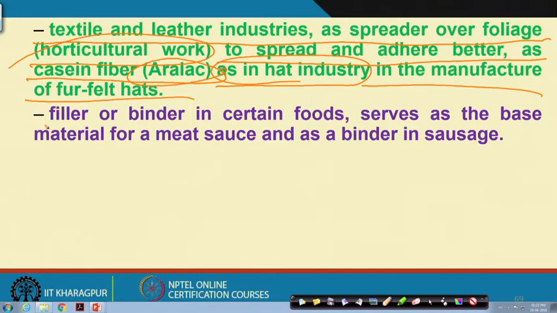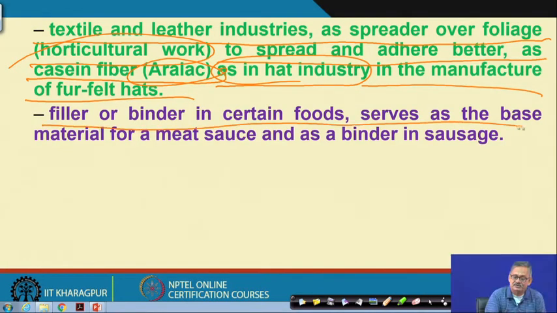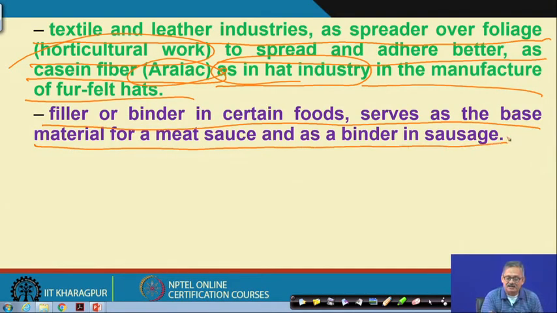So, the last use is as filler or binder in certain foods, and it serves as the base material for a meat sauce and as a binder in sausages. We have seen at home also that in many cases binders are used for binding. For a small example, many times you might have seen mummy and others making dishes maybe from the peel of some of the vegetables. These peels you cannot fry, they become individual, you cannot make them compact.